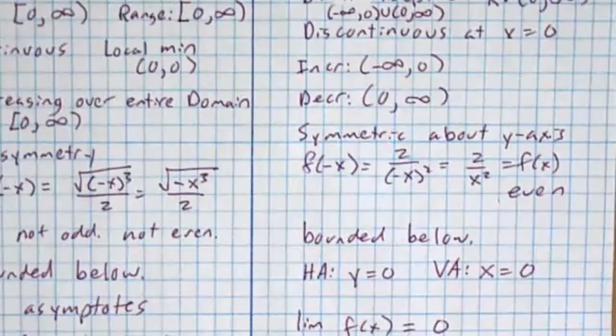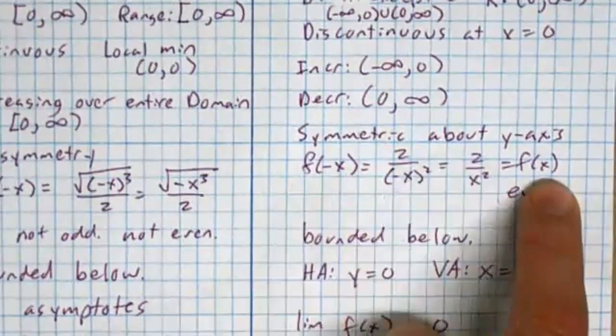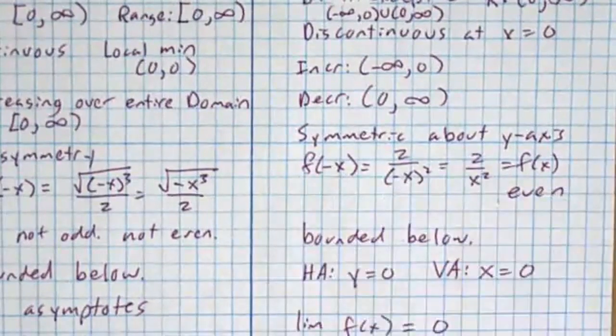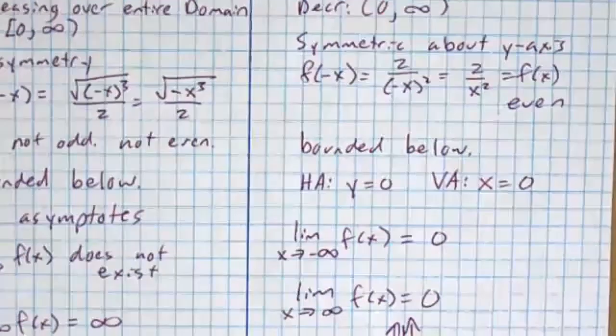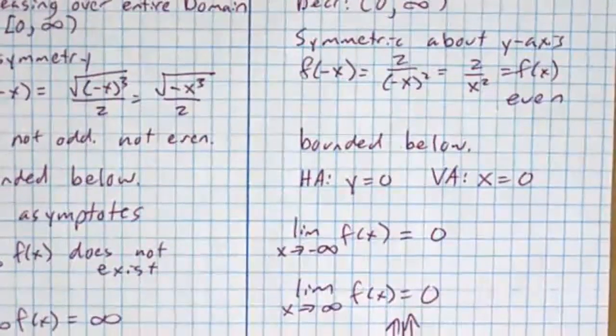And sure enough, when we tried plugging in negative x, we got back to the original function, which means it is even. It was bounded below, had a horizontal and a vertical asymptote. Make sure for your asymptotes you're writing equations, not just numbers. And this had end behavior on the left and the right, both equal to 0. Those limits are both equal to 0.